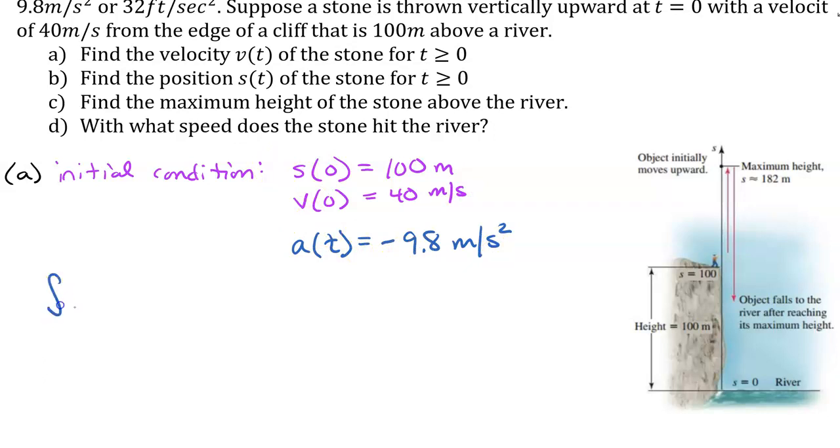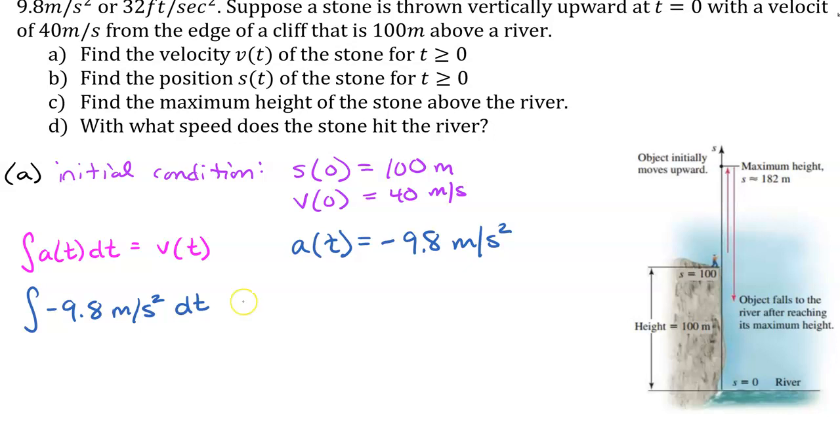So if we integrate acceleration, we should get our velocity function. The integral of negative 9.8 meters per second squared dt would give us negative 9.8t plus an arbitrary constant as our velocity function.